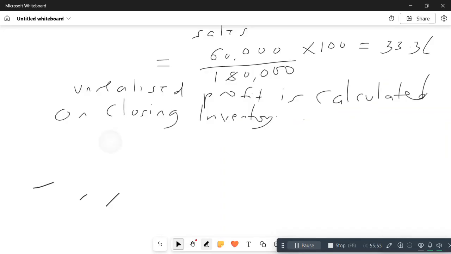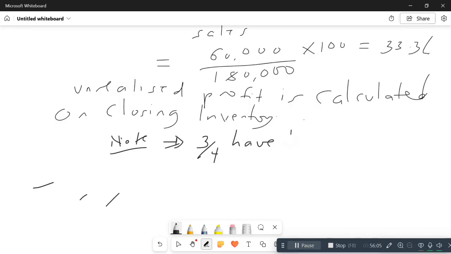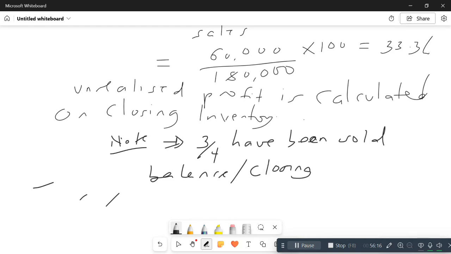They are saying 3/4 have been sold, meaning the balance, or what we call closing inventory, is a quarter.